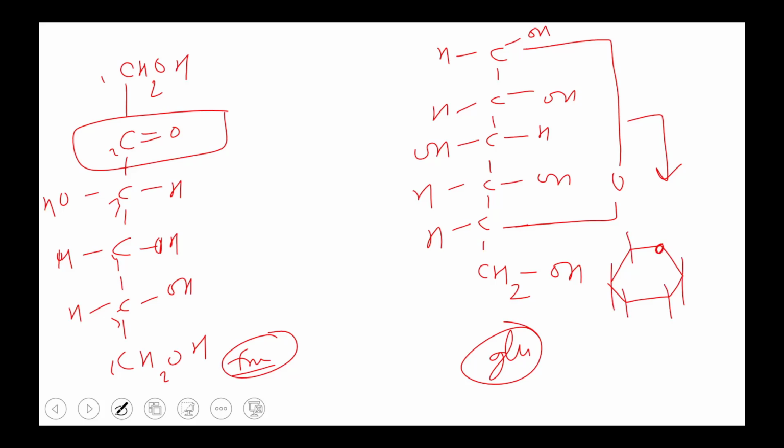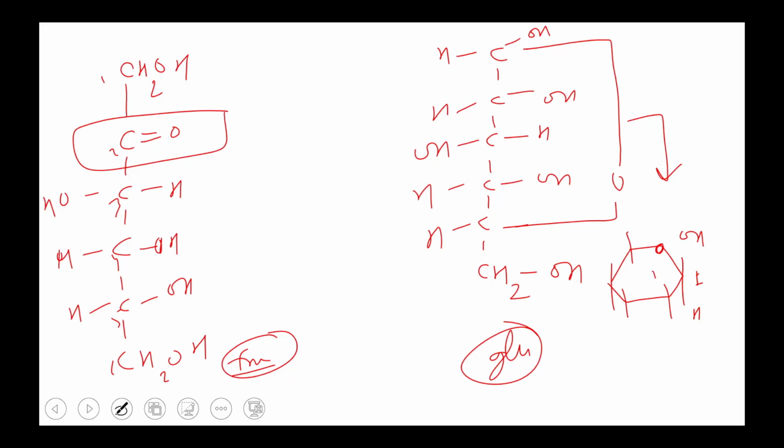So here comes this particular oxygen, and these are the arrangements of the sugars. What we can see is the first carbon where the aldehyde group was present.